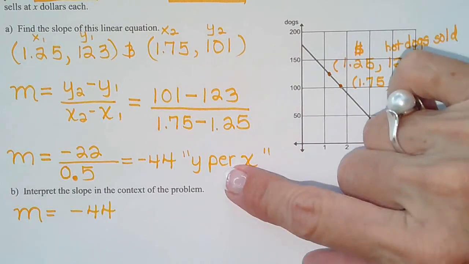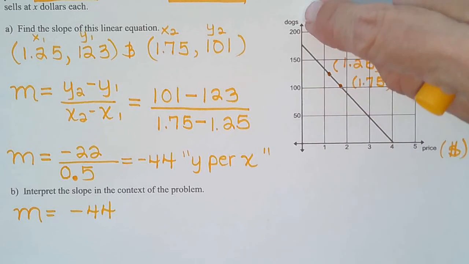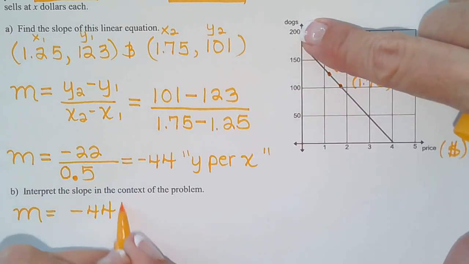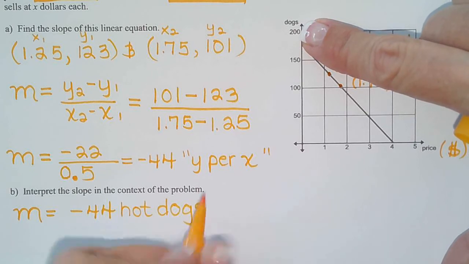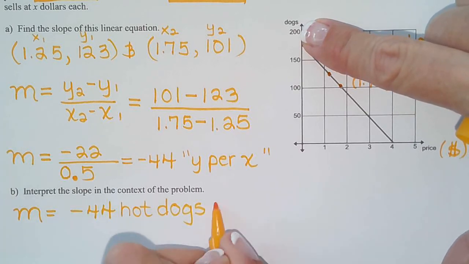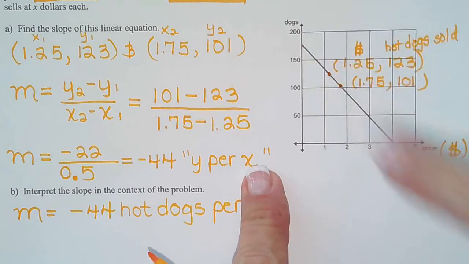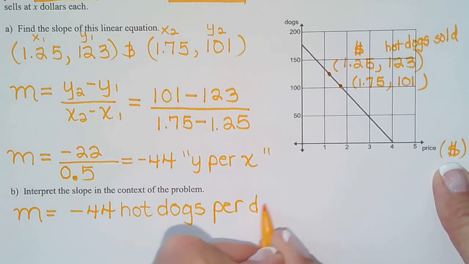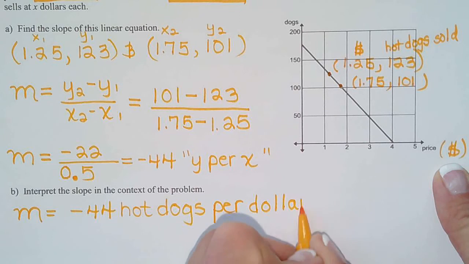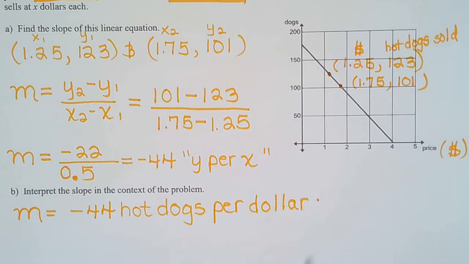I look on the y-axis and say, what is y? Oh, hot dogs. Then I use the word per. And then x is dollars. Or per dollar. We're only talking about one here.